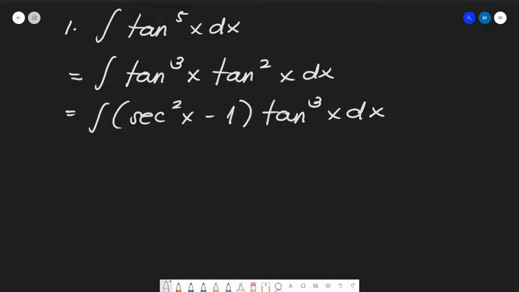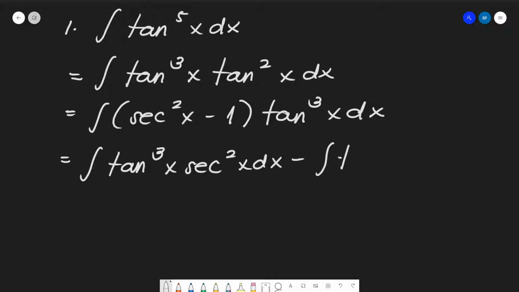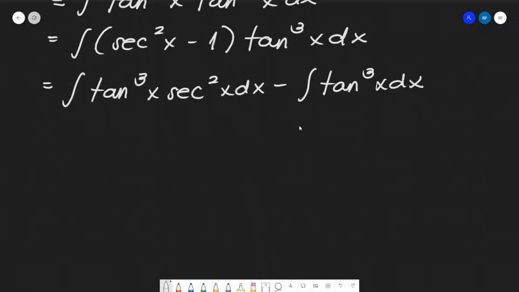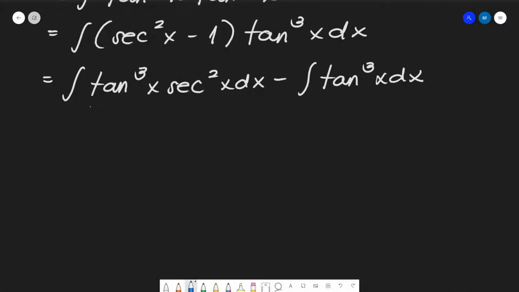Okay? Next, distribute natin. So, we will have the integral of tangent cube x secant squared x dx minus the integral of tangent cube x dx. So, dito, tingin muna tayo dito sa first integral.